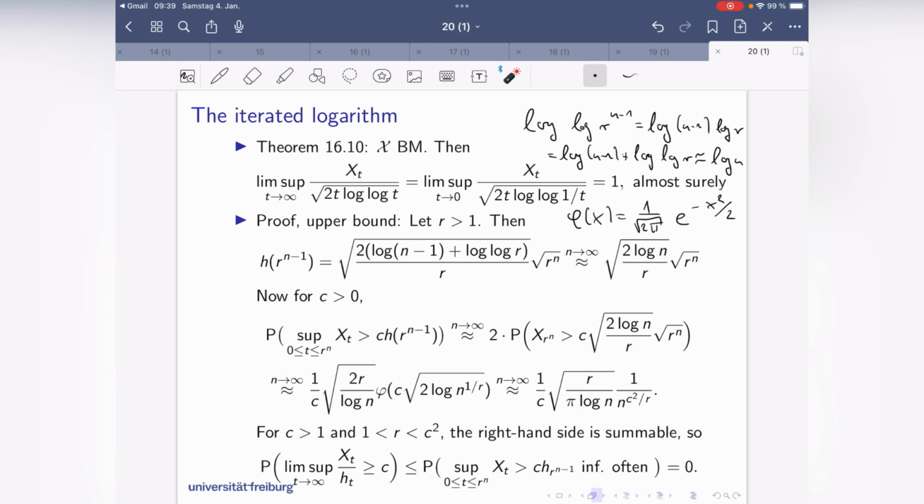And phi evaluated at this thing here. So let me say, if I would like to get rid of this c here, I can write a c squared in the square root. But then I can also ignore that 1 here and write a c squared instead. That's the same by the laws for the logarithm.